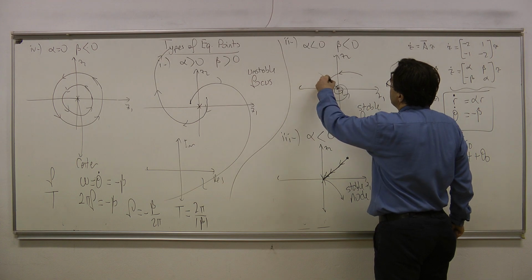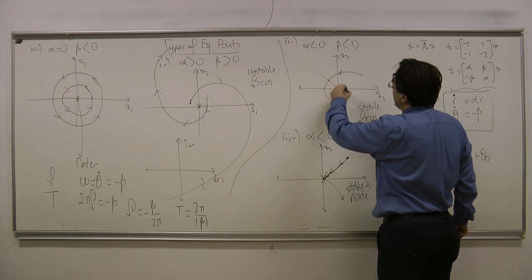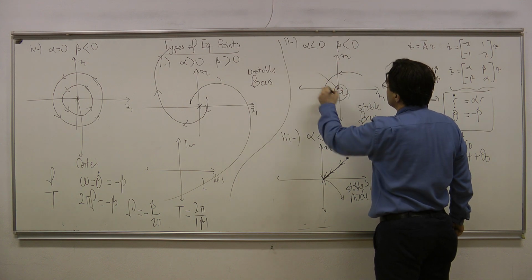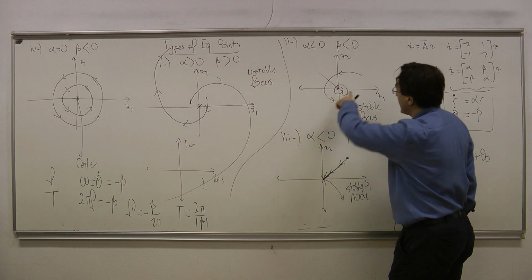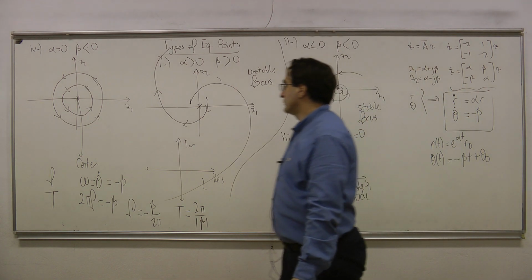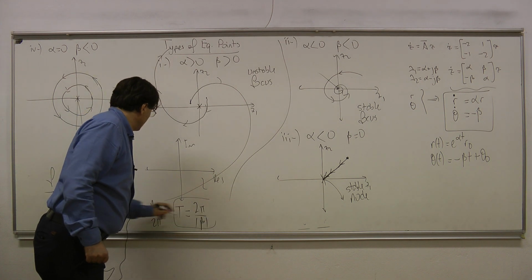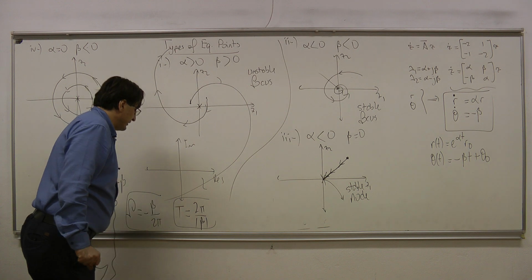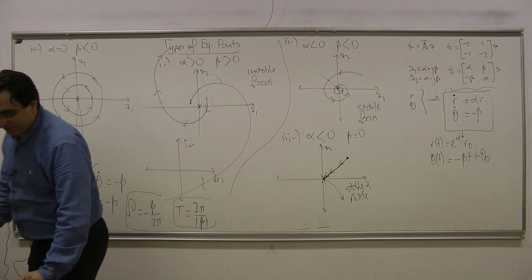You define an angle and you look at the frequency at which the trajectory hits this line at a constant angle. That would give us the same period and the same frequency here. Okay? So in general, the frequency of oscillation we talk about is beta over 2 pi, or you can talk about the period of oscillation, it's 2 pi over beta.